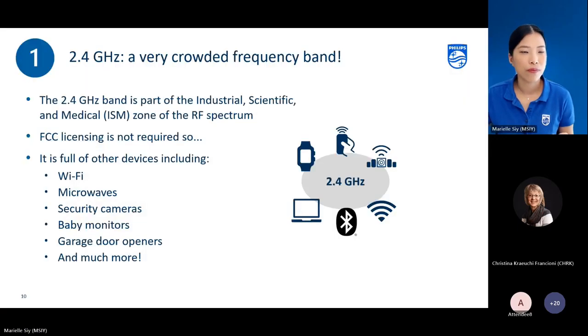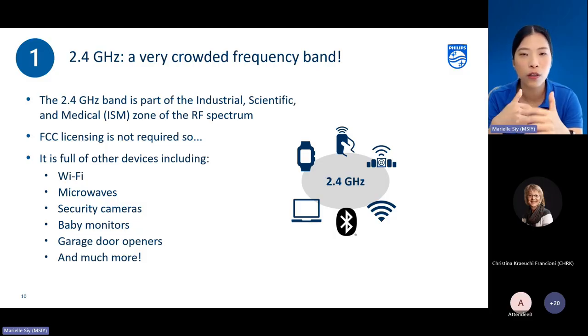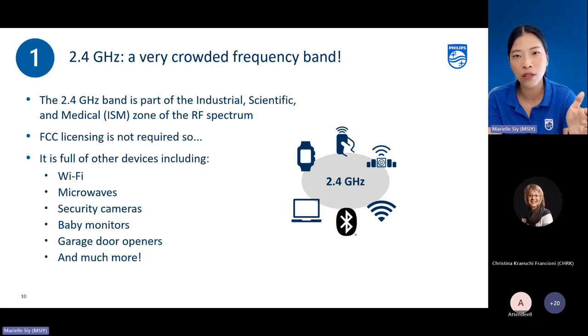First, the 2.4 gigahertz frequency band is part of the industrial, scientific, and medical, or ISM, zone of the radio frequency spectrum. So the 2.4 gigahertz ISM radio band is a range of frequencies starting from 2.4 gigahertz and ending at 2.483 gigahertz. So it's within this range that Bluetooth works.